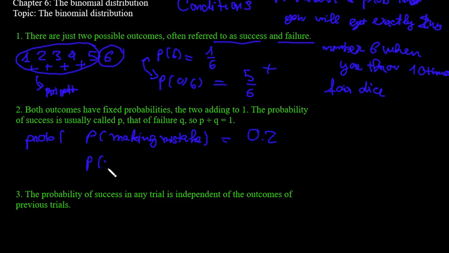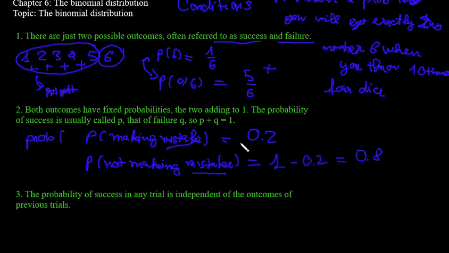So p of not making a mistake, because there are only 2 possible outcomes, making a mistake or not making a mistake, with no other outcome. Because they add up to 1, if they ask us to find this, it equals 1 minus 0.2, which equals 0.8.